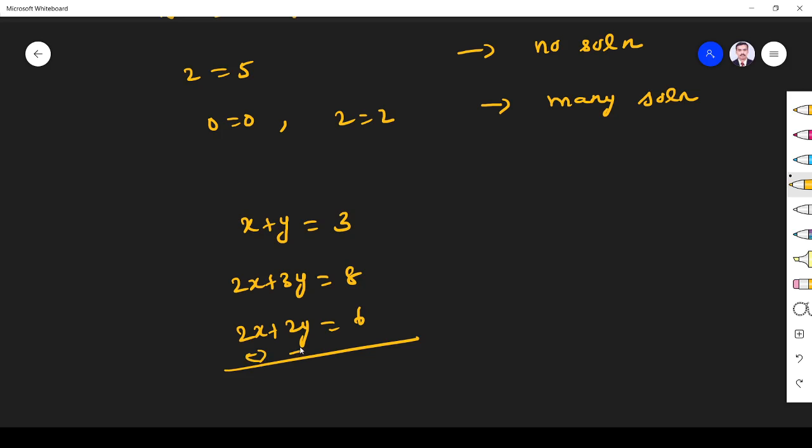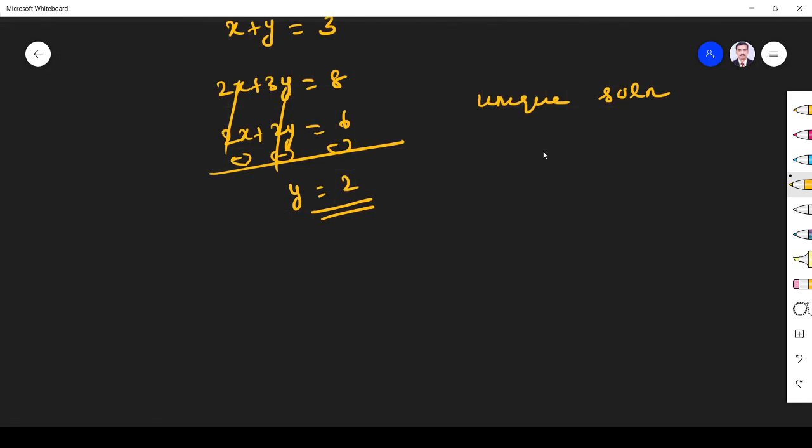Subtracting, this gives y is equal to 2. So we got an individual value, so it has a unique solution. y is equal to 2 means x is equal to 1. So only one solution.